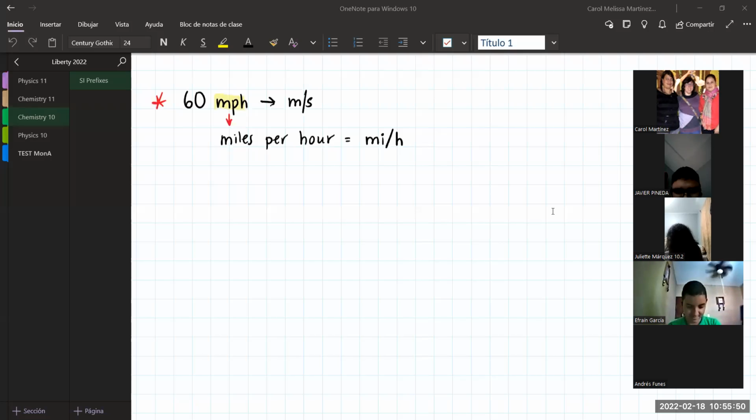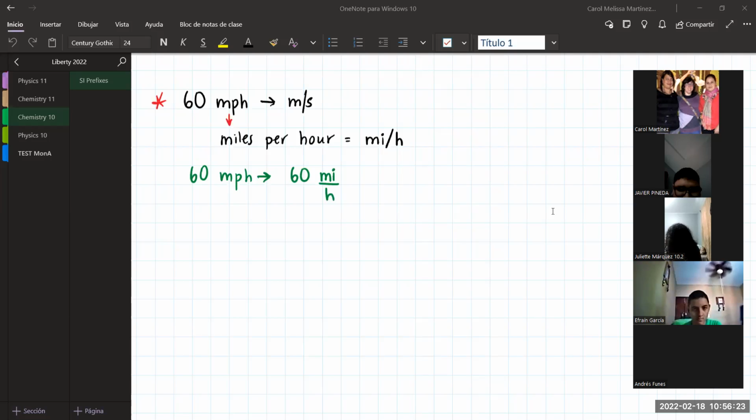So the instruction says convert 60 miles per hour to meters per second. The first thing that we need to do is express mph in proper units. So instead of mph, you need to replace it by the right units: miles up, hours down.